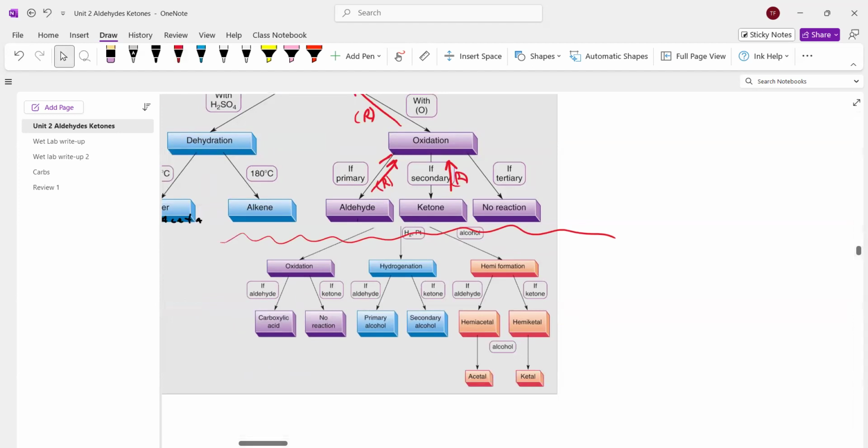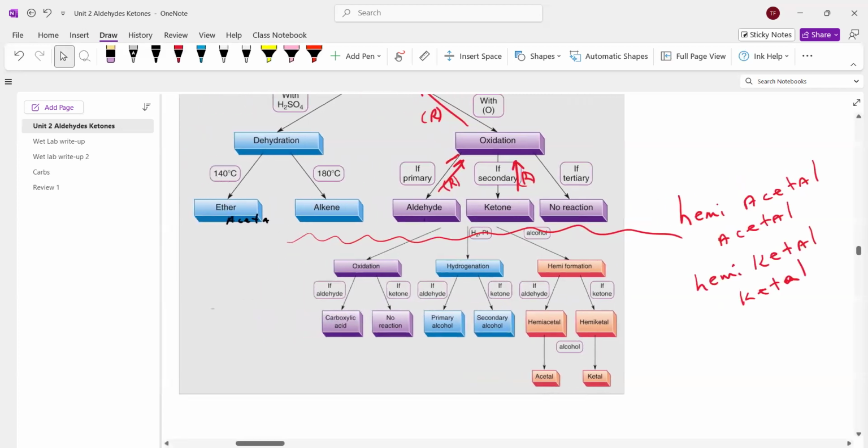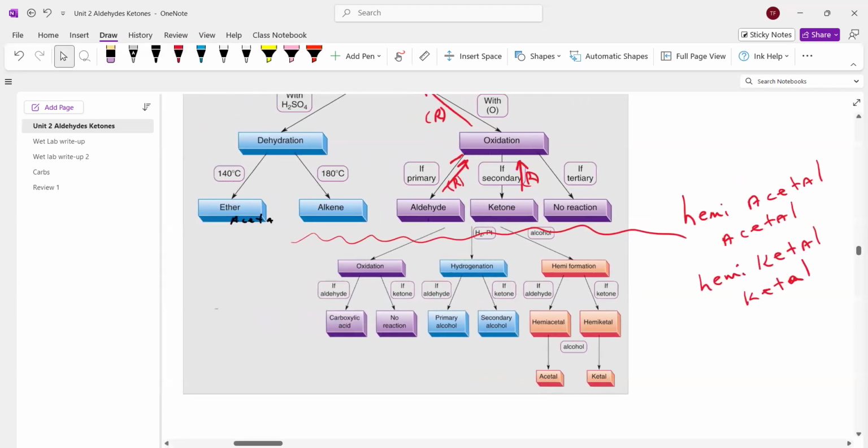We're going to be making something called a hemiacetal and an acetal and a hemiketal and a ketal. Those are a little trickier to understand.